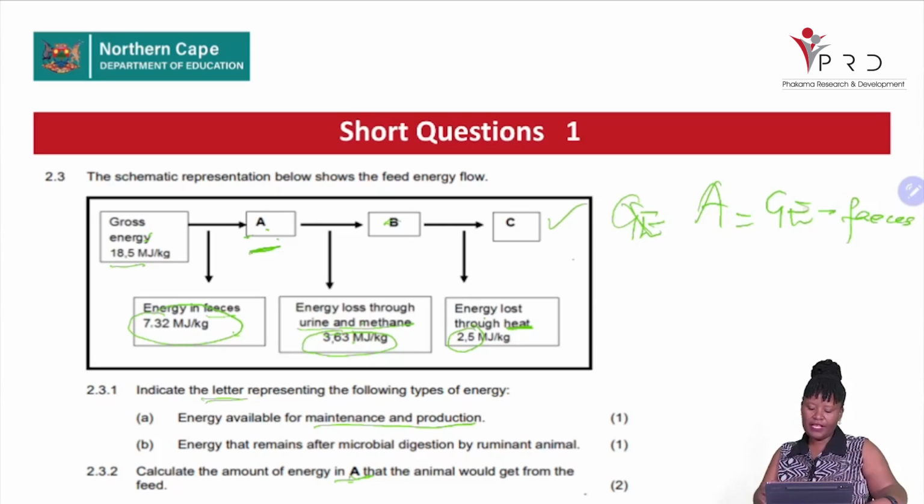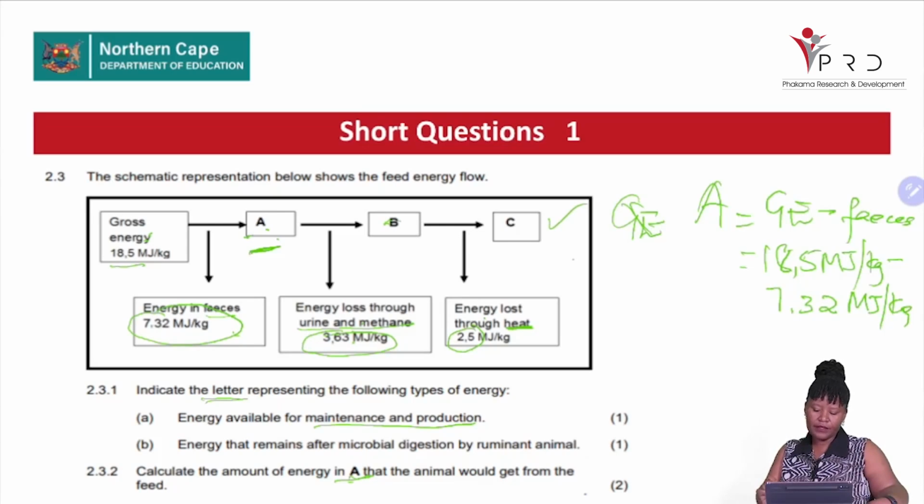Then how much is your gross energy? Your gross energy is 18.5 MJ per kilogram minus the feces. The feces that you are given here is 7.32 MJ per kilogram.